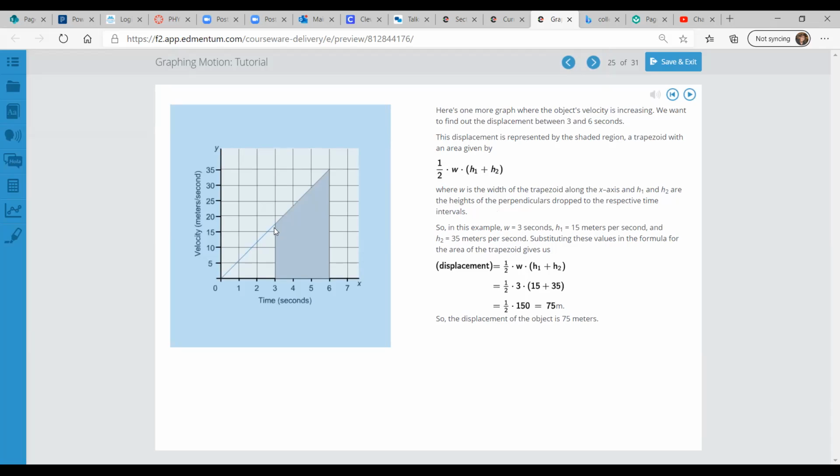So right here, you can pretend that's a square or a rectangle, where that becomes a triangle. And add the area of a square or rectangle plus the area of a triangle. If that's easier for you to think about, go ahead and do that.